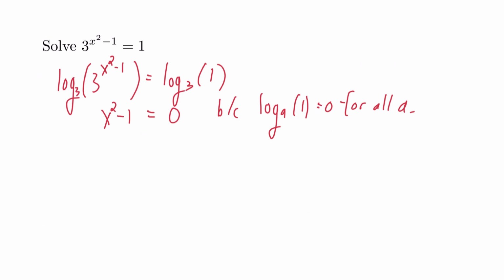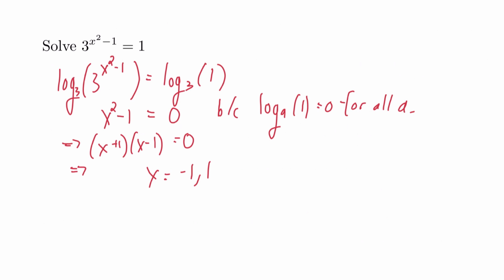Okay. And now I just have to solve this. So you can solve this with the quadratic formula if you wanted to. You could also do what's called factoring and write this as x plus 1 times x minus 1 equals 0, and determine that x equals minus 1 or 1 are my solutions.